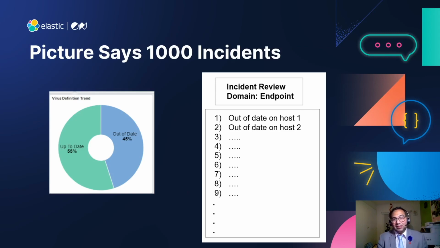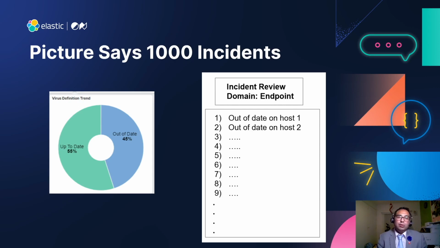Well, this would be a very good example. Say you got a day zero vulnerability on some endpoints, and your security team jumps on it, your Intel team jumps on it, Linux team jumps on it. Everyone goes to do the patching based on the advisory from the security team. But how would you know the percentage of hosts where that patching has been completed or a virus definition has been updated?